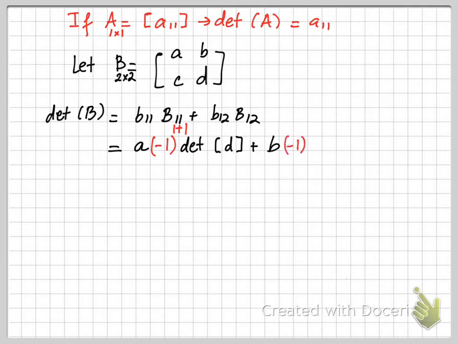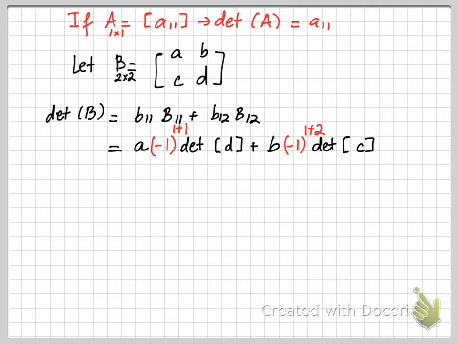Okay. And then similarly, little b12 in this example is b. And then big B12 is the cofactor of b12, formed using this formula here. You take negative 1 raised to 1 plus 2 times the determinant of the minor.